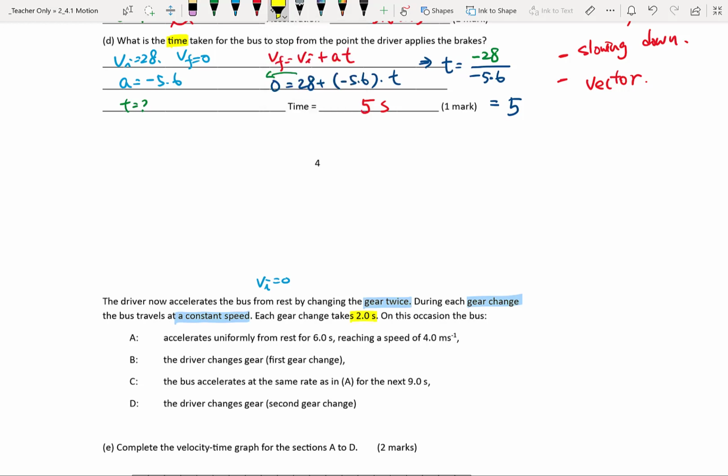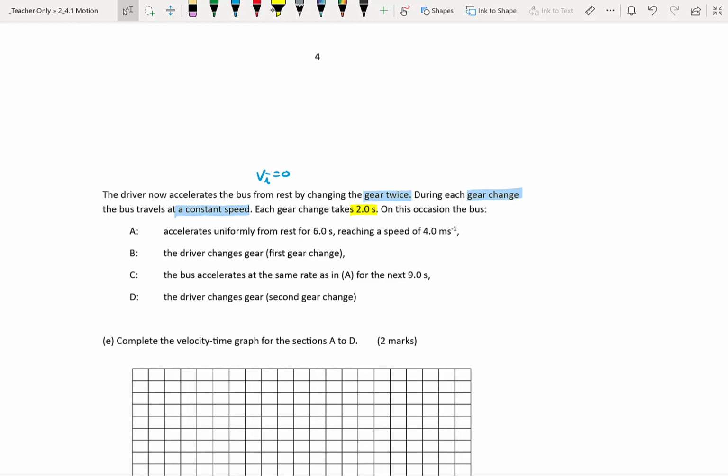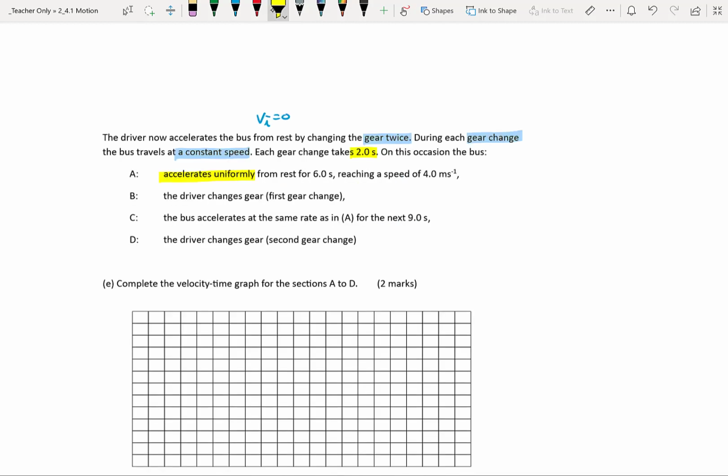On this occasion, the bus accelerates uniformly from rest for 6 seconds, and changes gear on reaching a speed of 4. So we know this is uniform acceleration for 6 seconds, and then the final speed is 4, and then they change gear, the first gear change, at constant speed for 2 seconds.